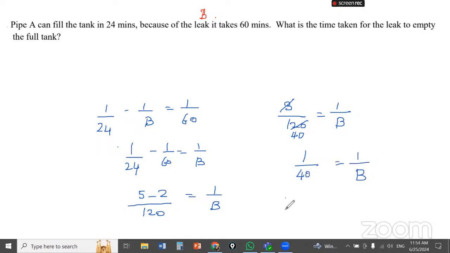One by B. So B alone takes 40 minutes to empty the tank. Yes, the answer is 40.